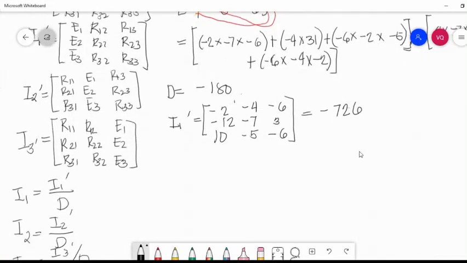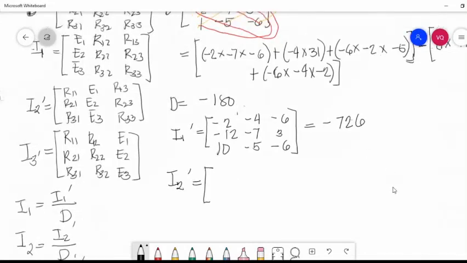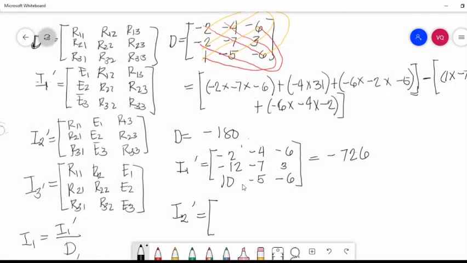Next is I2 prime. So it is equal to, first column is negative 2, negative 2, and 1, and then our constants negative 2, negative 12, and 10.